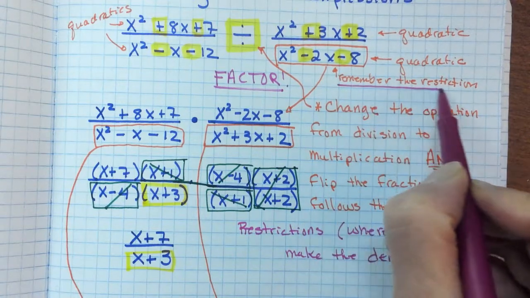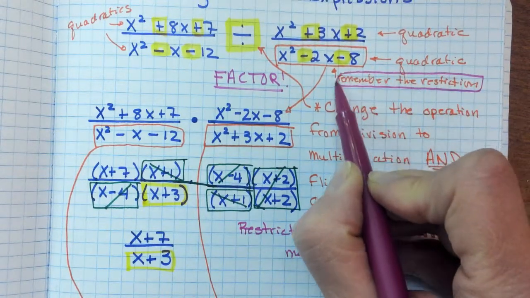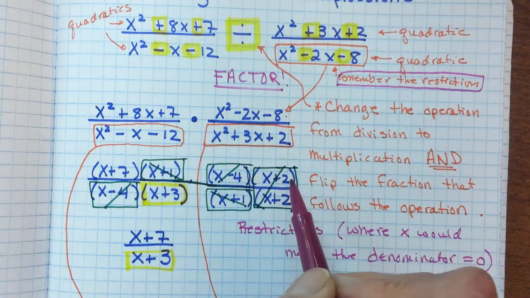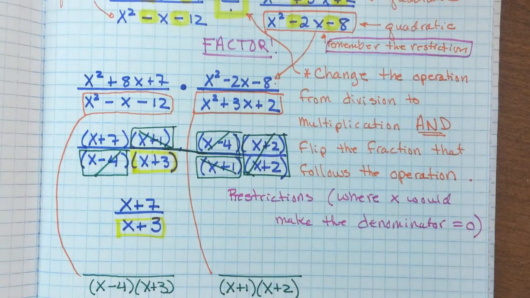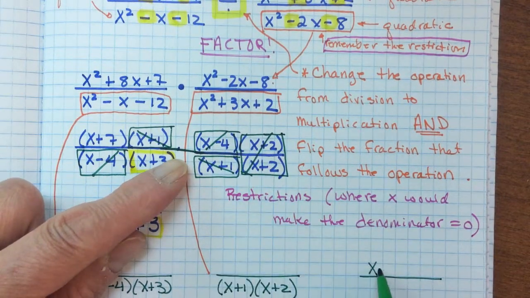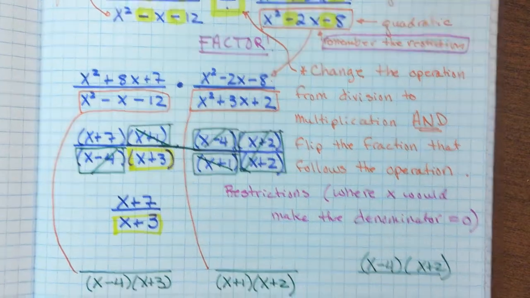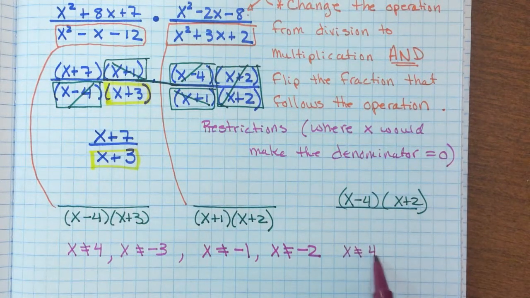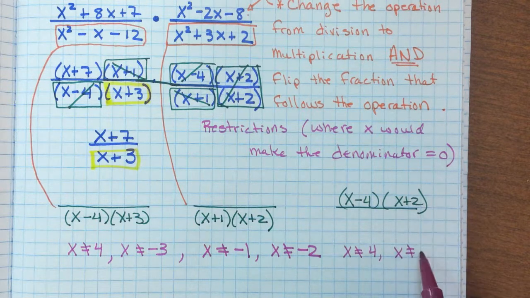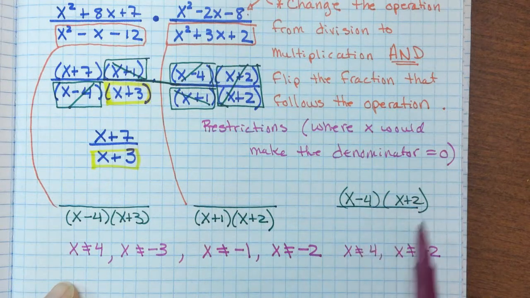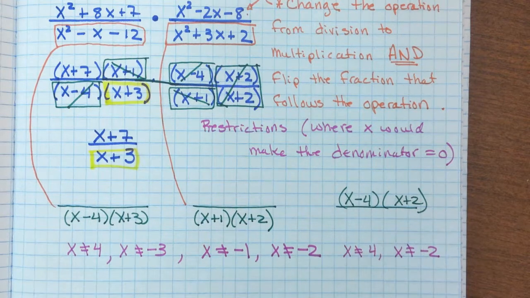I'm going to make that a slightly different color. So we're going to look at the factors of our numerator here, which were x minus 4 and x plus 2. So that ended up being x cannot equal 4 and x cannot equal negative 2. Fortunately, those were already claimed. They got divided out, but we always check just to make sure.